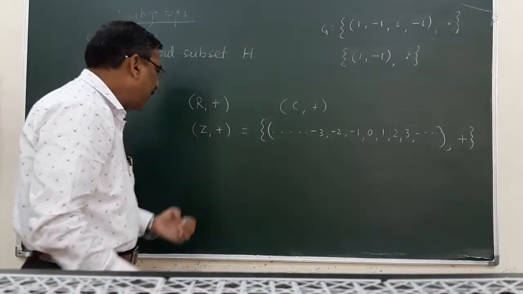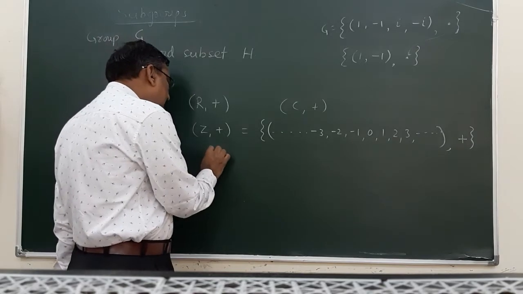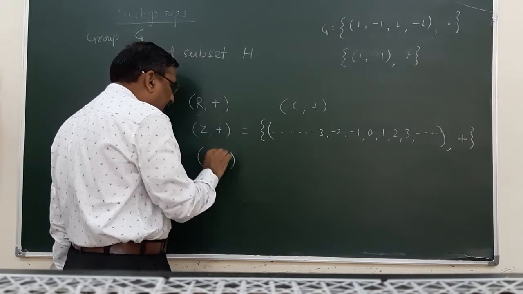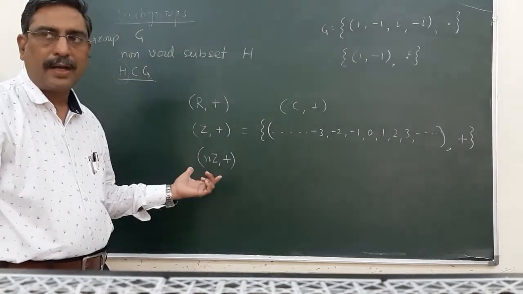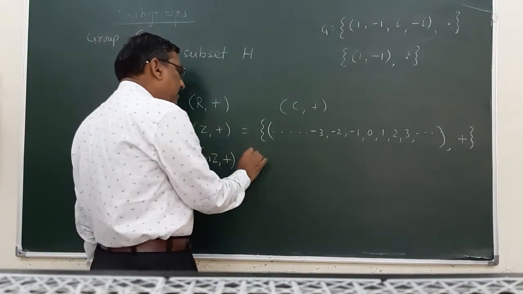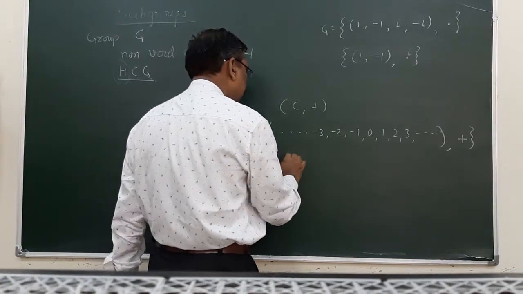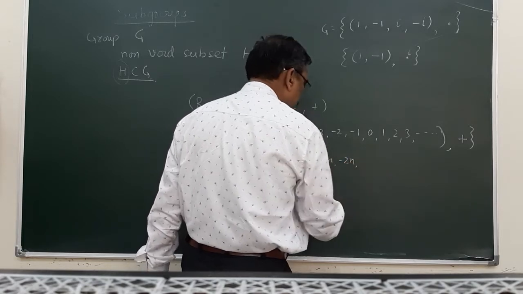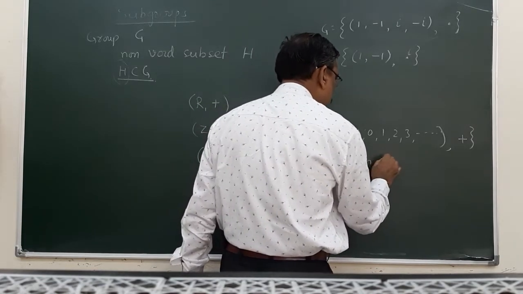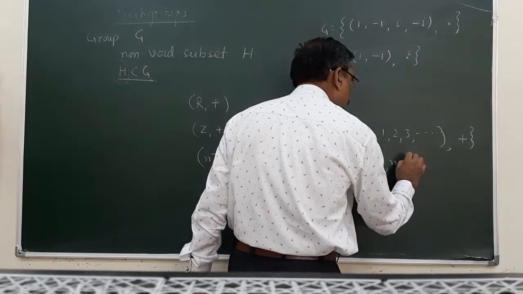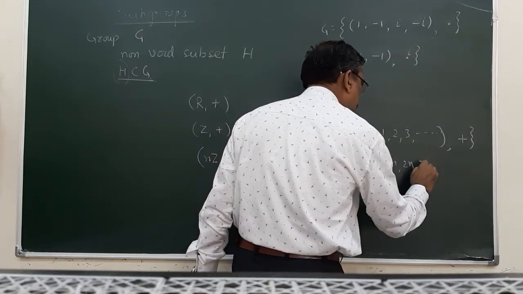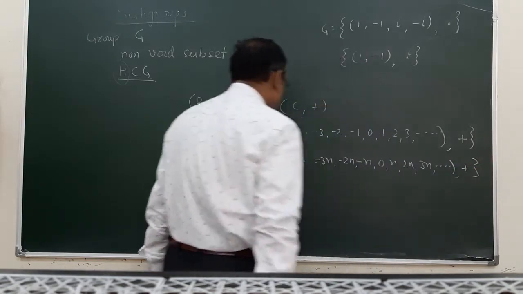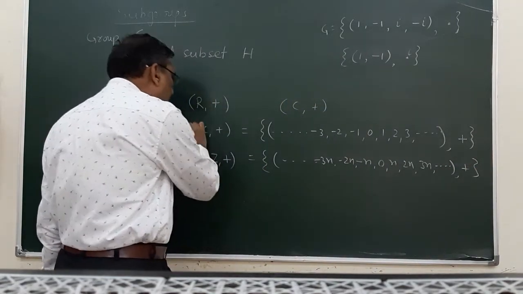And if we define nZ plus, for a fixed natural number n, then it is minus 3n, minus 2n, minus n, 0, n, 2n, 3n, and so on, with plus. This is a subgroup of the previous one.